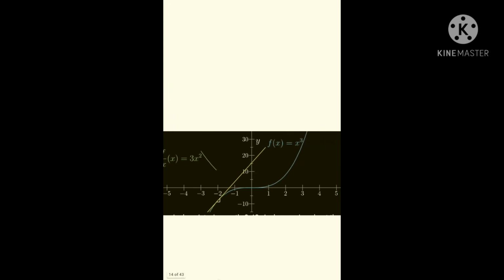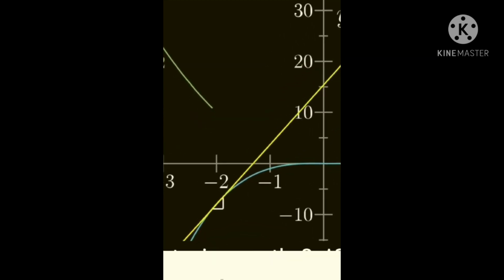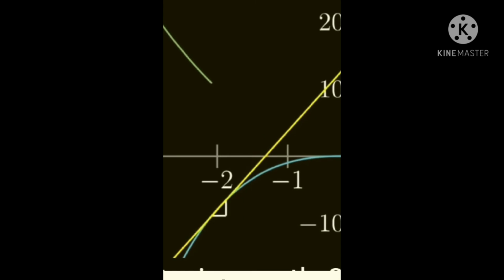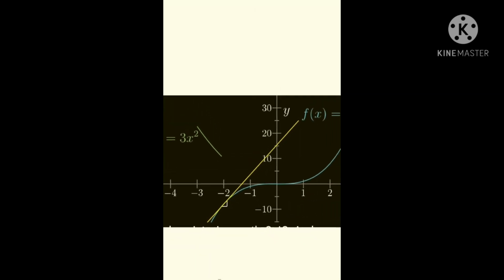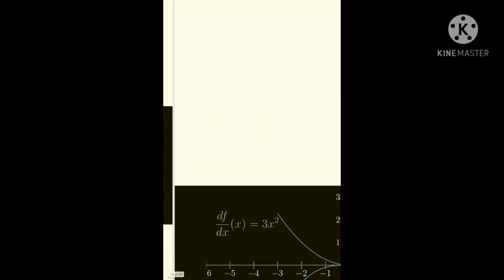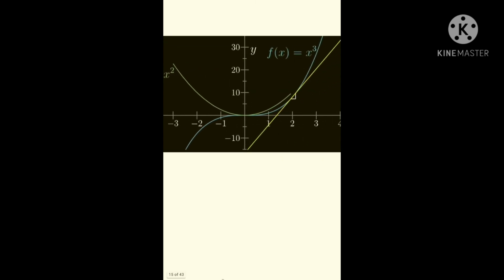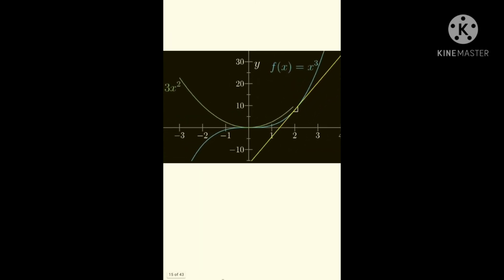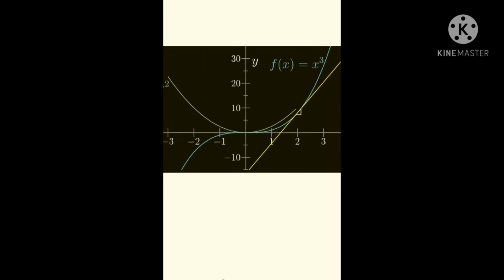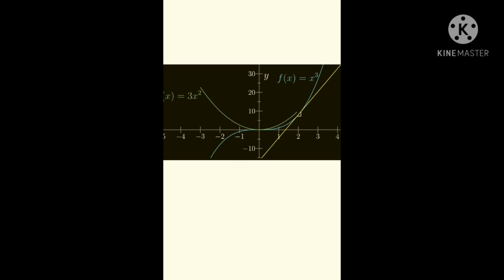Now if you have a tangent which is continuously moving through this graph, then you can see this changes. See, if you have the curve x cube, then the slope of this curve is increasing when your tangent moves in the upward direction.